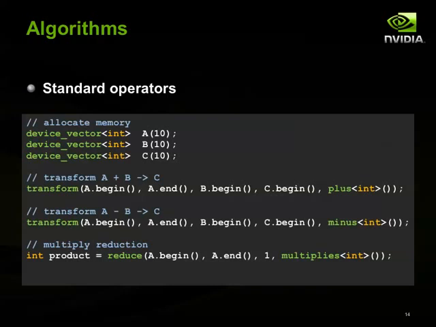So if we want to compute the product of a bunch of numbers rather than the sum, we initialize the product to 1, and then use the multiplies operation to multiply the numbers together. So these are quite convenient, and usually the default is exactly what we want. The most common reduction to do is just to sum numbers, so we use the default. But if you want to do something slightly different, often you can just use these built-in operations.